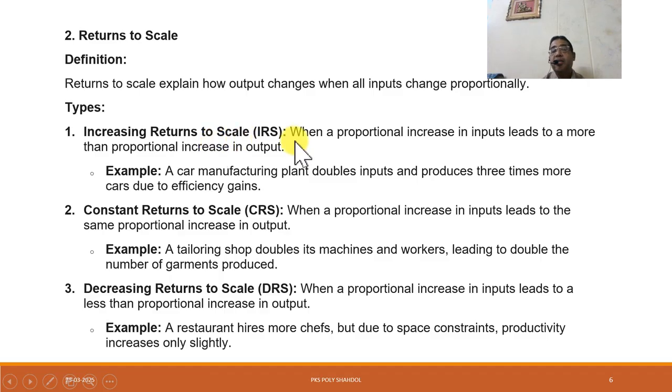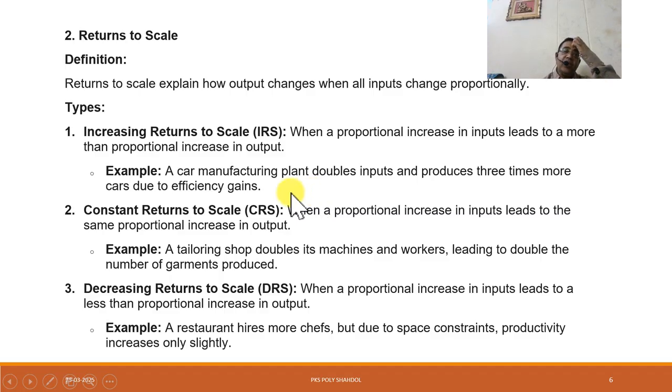Increasing return to scale says that when proportional increases in inputs lead to more than proportional, abnormally so much increase in output, when you change the input by a little bit. For example, a car manufacturing plant doubles input and produces three times more cars due to efficiency gain.